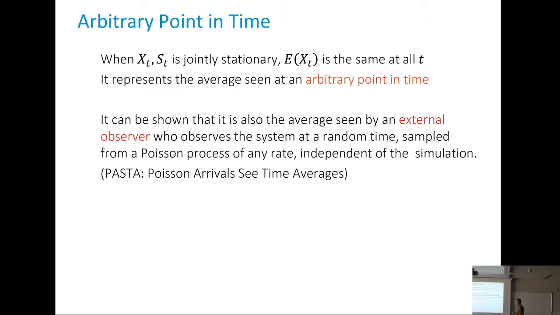It can be shown, there are proofs for simple cases in the lecture note, that what we discussed already is the same viewpoint as that seen by an external observer who observes the system at a random time obtained from a Poisson process, independent of the simulation. The observer should not decide whether to sample the system now based on what happens in the simulation.